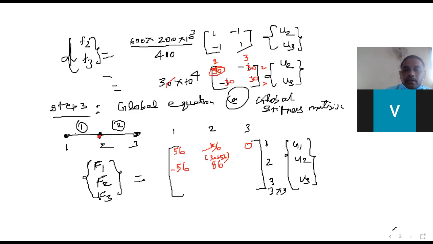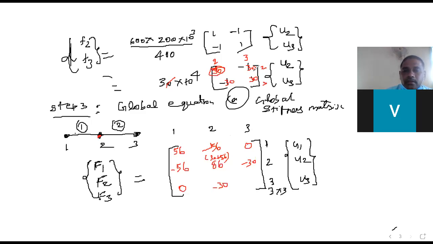Again, in the 3, 2 position we'll be having minus 30. Again 1, 3 is equal to 3, 1, so we'll be having 0 here. 2, 3 is equal to 3, 2, so we'll be having the same value, minus 30. You can cross check it. The 2, 3 value here is minus 30.